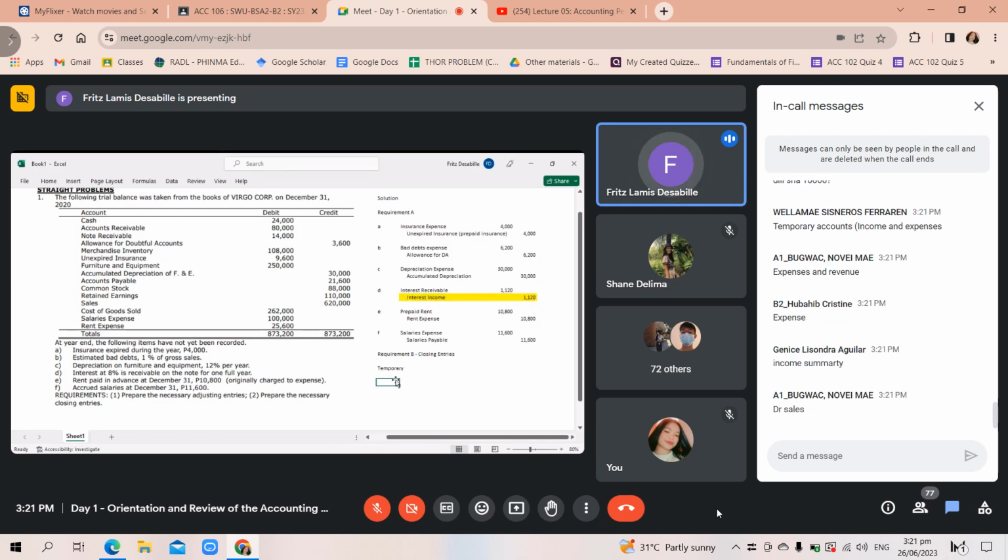Correct. Debit sales, not debit income summary. Debit sales, because sales has a credit balance. To close out sales, or to zero out sales, you need to debit it. Sales debit, 620,000.